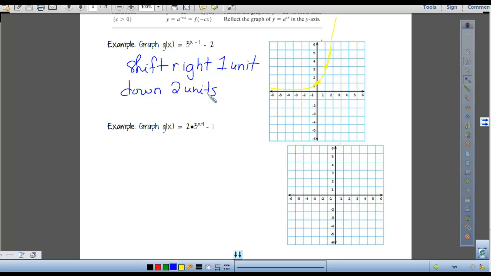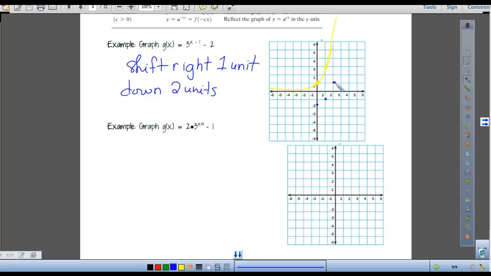Now that we've got a few key points, we can use this to move those key points. We had a point at negative 1, 1/3, so I'm going to walk that 1 unit to the right and down 2 units. If I take the next one, 1 unit to the right and down 2 units.